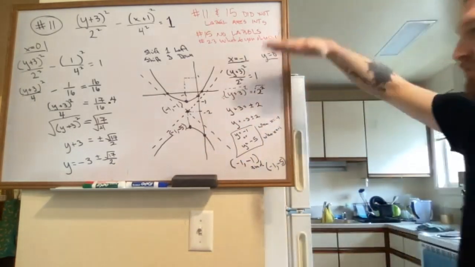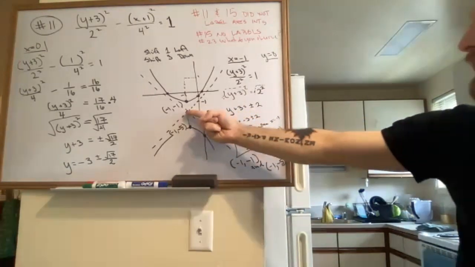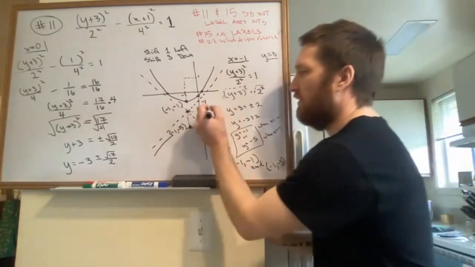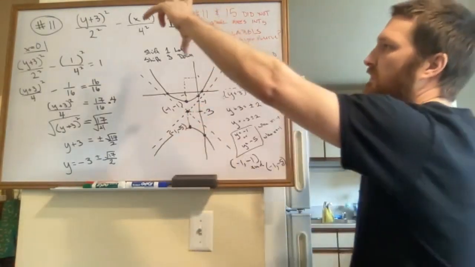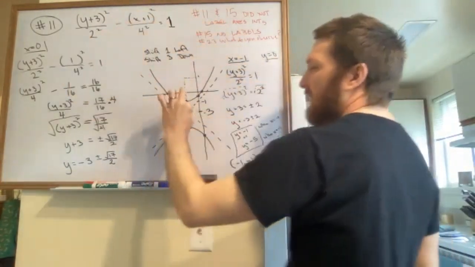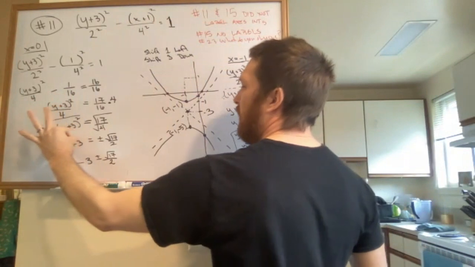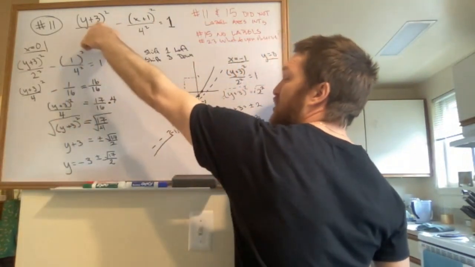We go to -3. Oh, look at what I did. That right there should have been a -3. So remember how I did that shift, right? I said we take our crosshairs that were at the origin, I brought it over 1 unit and brought it down 3 units.